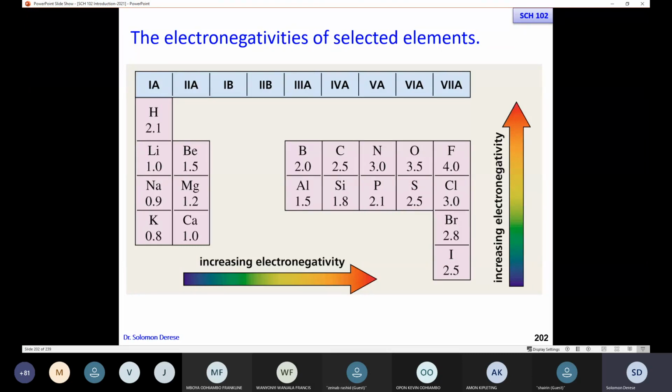If you know just the first 20 elements in the periodic table: hydrogen, helium, lithium, beryllium, boron, carbon, nitrogen, oxygen, fluorine, and neon, then sodium, magnesium, aluminum, silicon, phosphorus, sulfur, chlorine. And then as you go down the halogen group: fluorine, chlorine, bromine, iodine. If you just know these, you can easily tell how the bond is polarized. Okay?